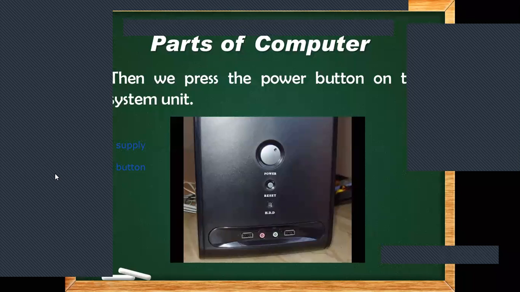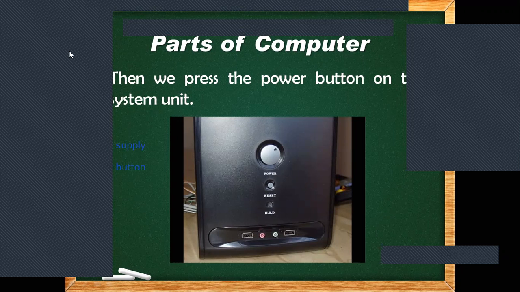There are two Anas in the class. One is Anas Ahmed and the other one is Anas Mohammed. Okay. Yes, Anas, can you tell us if the computer will run without electricity or not? No. No, good.